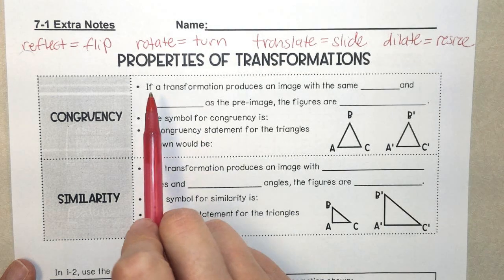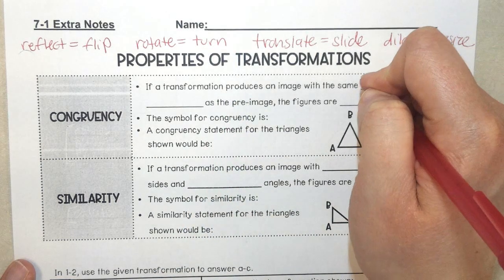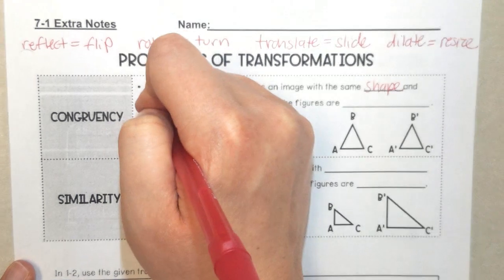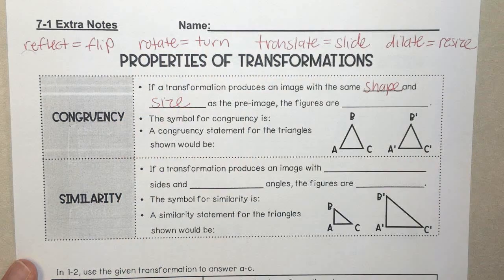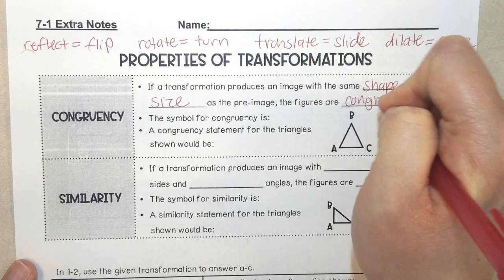Okay? So it says, if a transformation produces an image with the same shape and same size as the pre-image, the figures are congruent.